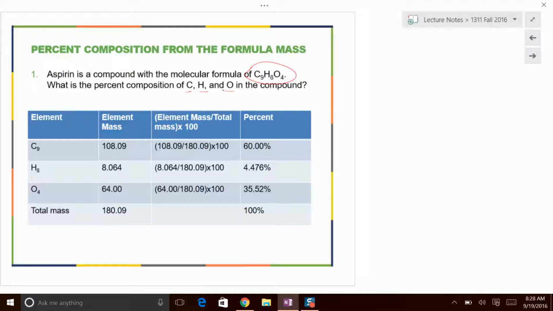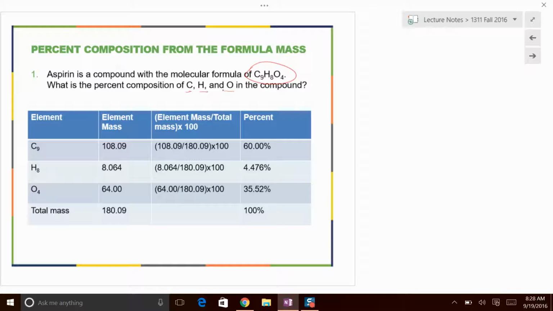It weighs 180.09 grams for every mole. But they want to know the percent composition of everything in there. So what is the percent composition of carbon? Well, carbon had a mass of 108.09 in the compound, so I take that and divide it by the total mass, which is 180.09, times 100.